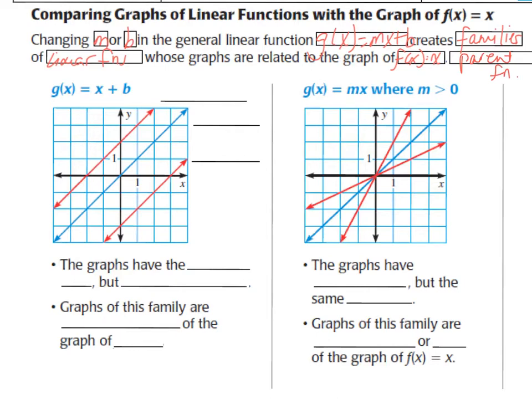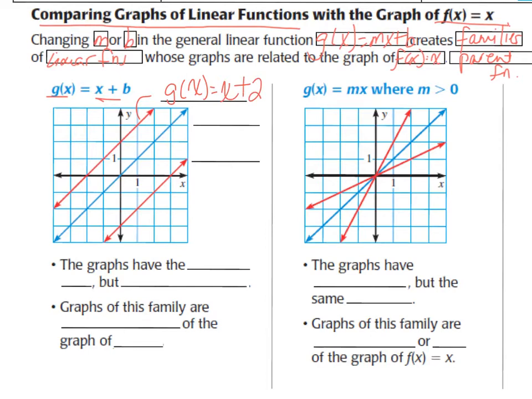Okay, so now I'm going to explain how to compare graphs of linear functions with respect to the parent function. If I give you g of x equals x plus b, I can label this graph as g of x equals x plus 2.